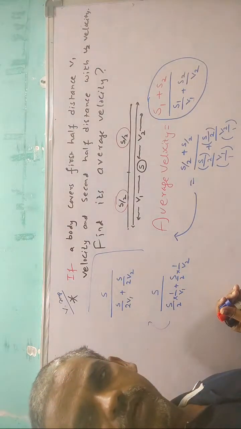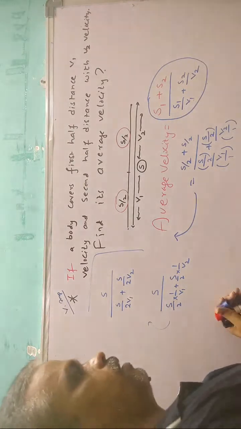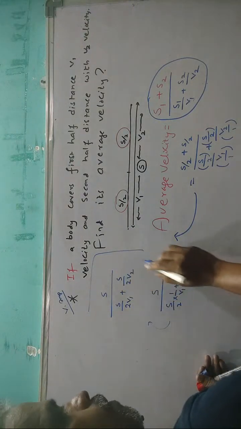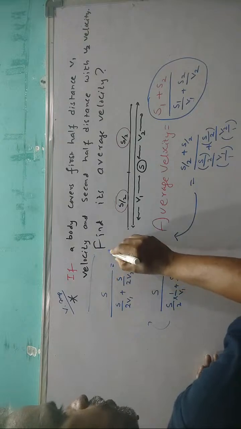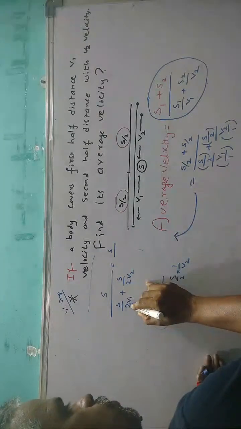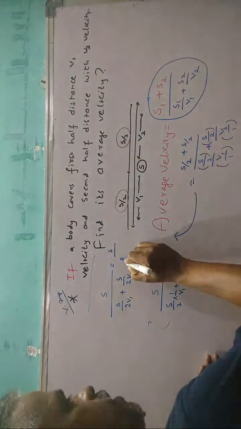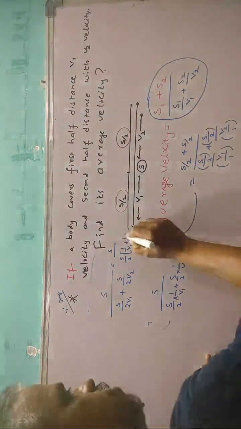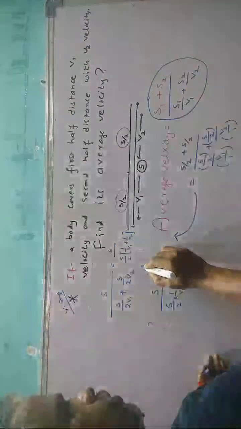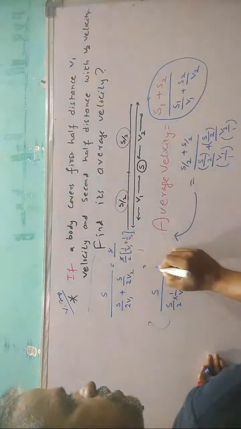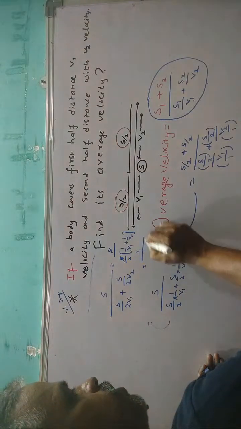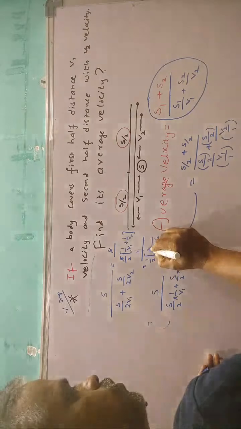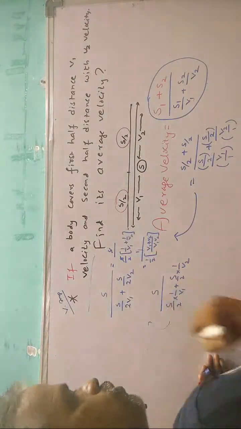Is it okay? Now this is equal to S by, just take common S by 2, then we will get 1 by V1 plus 1 by V2. S cancels.